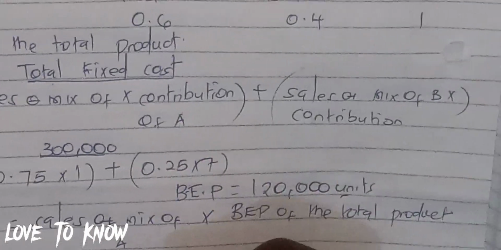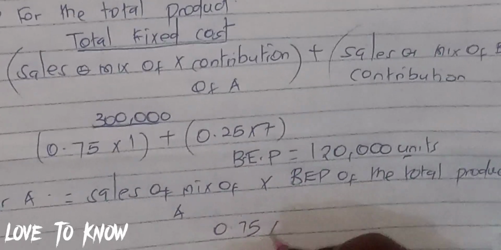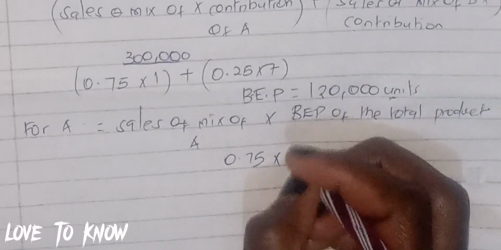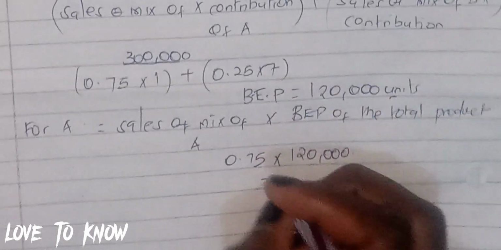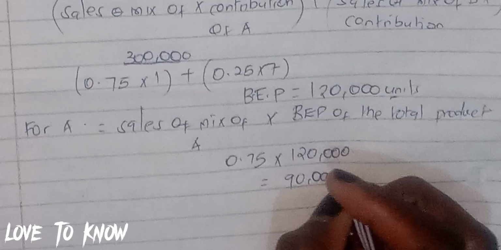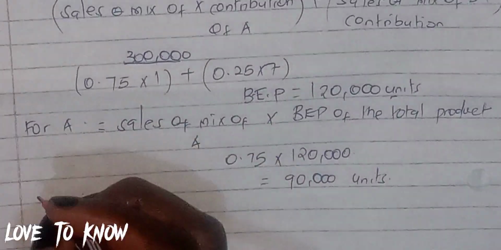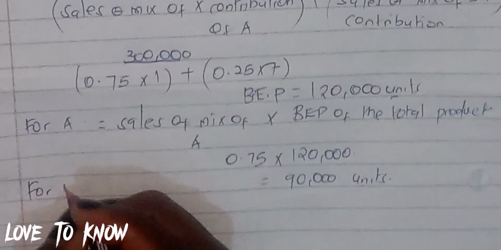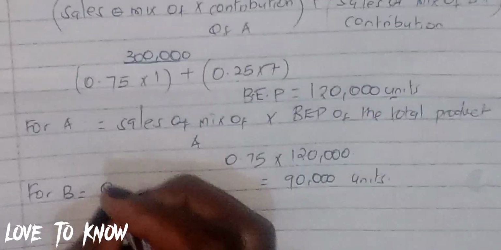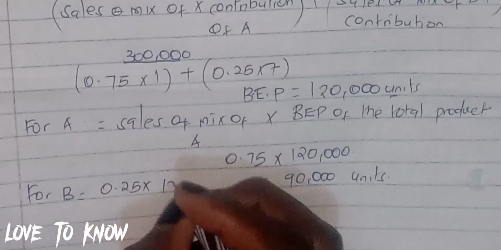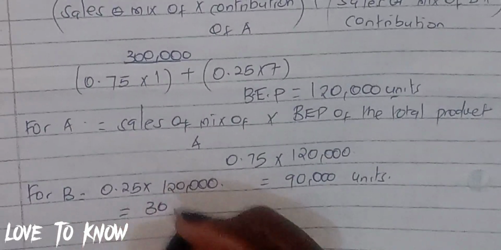For product A, the sales mix is 0.75 multiplied by the 120,000 units, the break-even point of the general product. This gives us 90,000 units. That's the break-even point of A in units. For B, the formula is the same. The sales mix of B, that's 0.25, multiplied by the 120,000 units. And this gives us a total of 30,000 units.